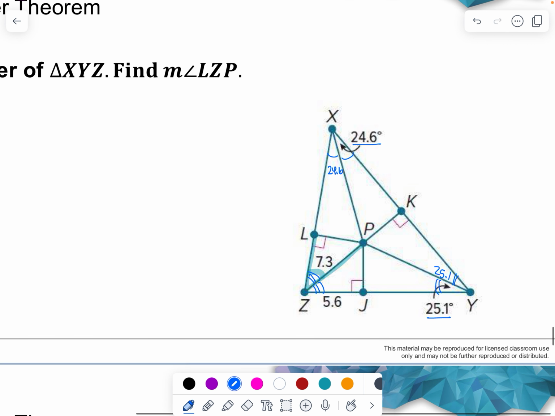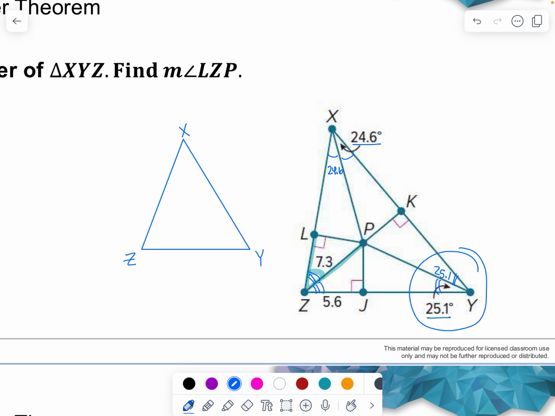What we can do is look at it as a big whole triangle, Z, Y, X. And if this is 25.1 and 25.1, that means it's 50.2. And if these are 24.6 and 24.6, that means 49.2.